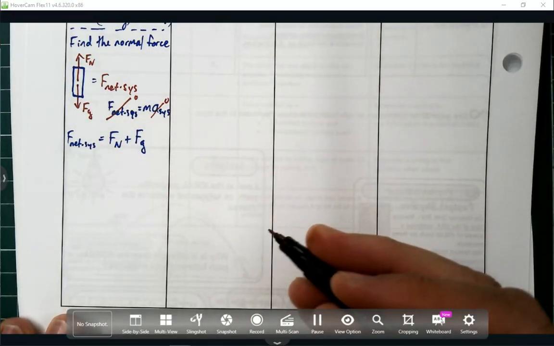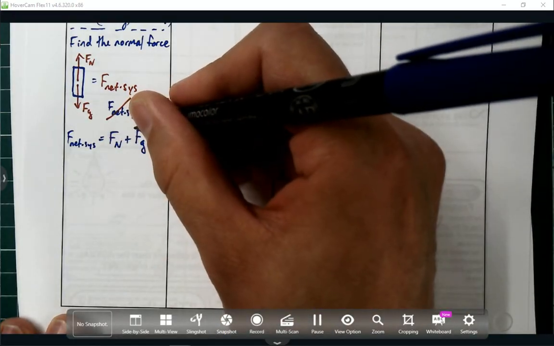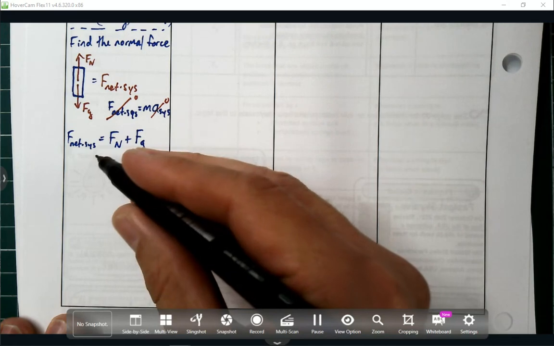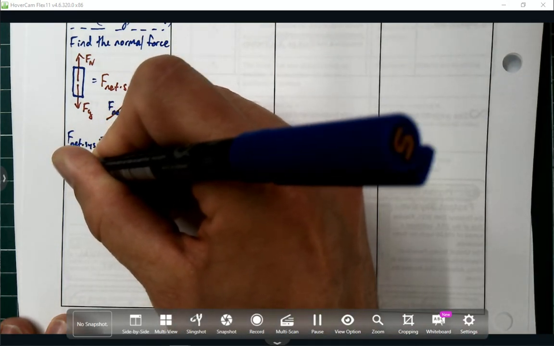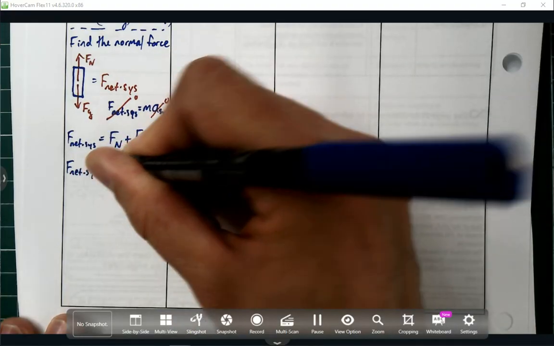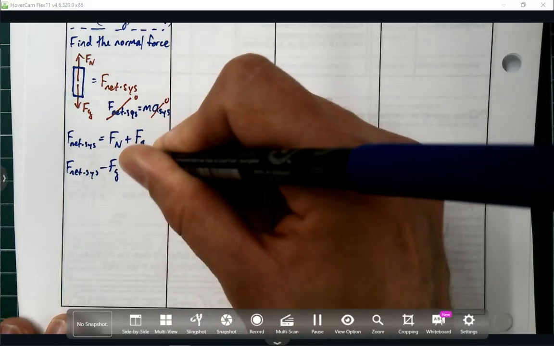Anyway, I want to get the normal all by itself. And I'm going to assume that I don't already know that F net sys is 0, but I'll get F normal all by itself, and I'll get F net sys minus Fg equals F normal.